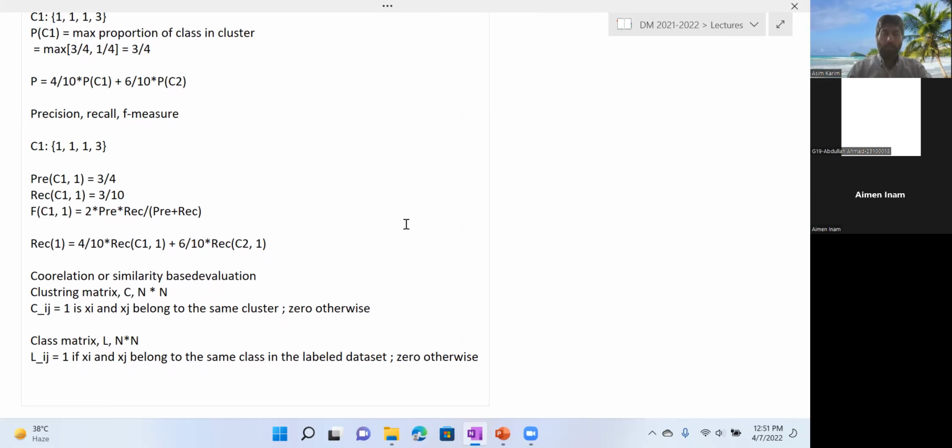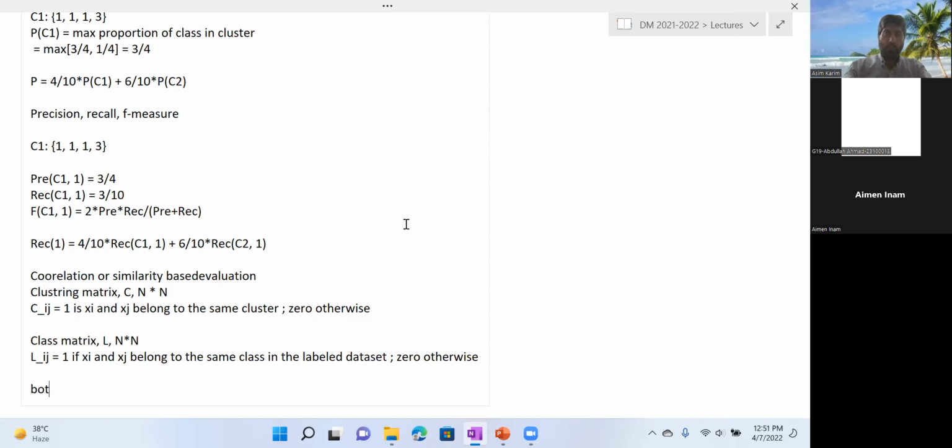So again, now you can compute the element-wise similarity between the two matrices, or you can maybe compute the correlation. By the way, both of these matrices are binary matrices. So usually similarity is more appropriate here than, let's say, the Pearson correlation coefficient.